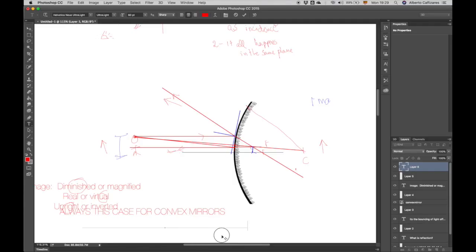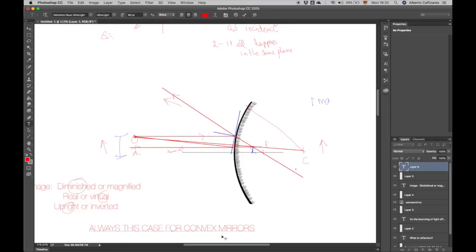No matter how far you're from the mirror, you will always see yourself smaller and you will always see yourself in a virtual image. What's also good is that you will always see yourself upright, meaning in the same orientation as you are standing, which is really, really useful.